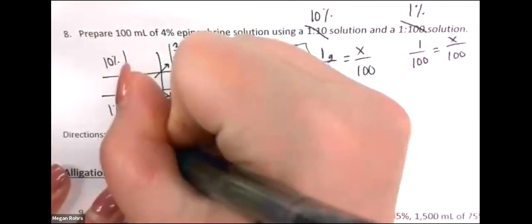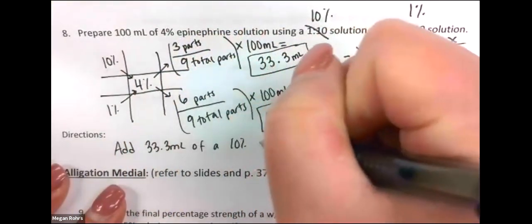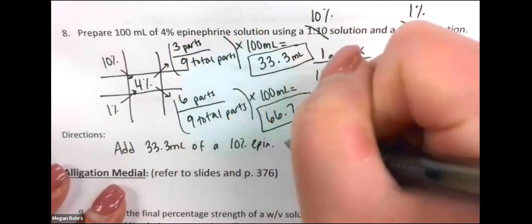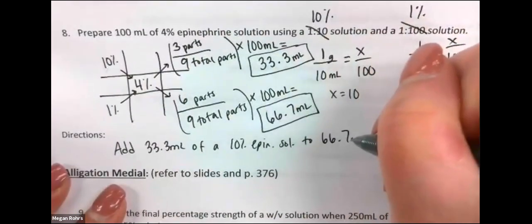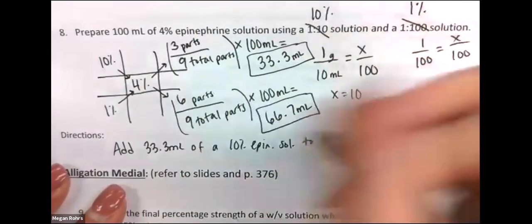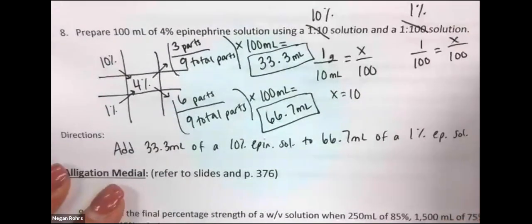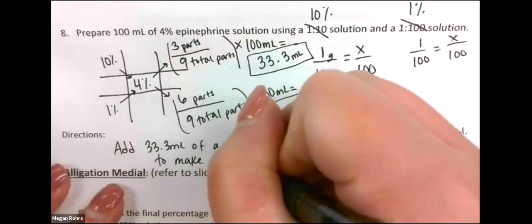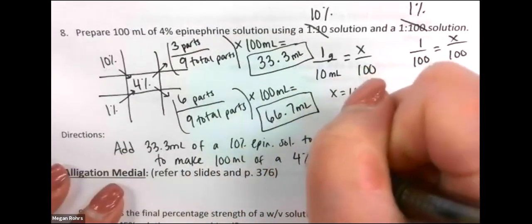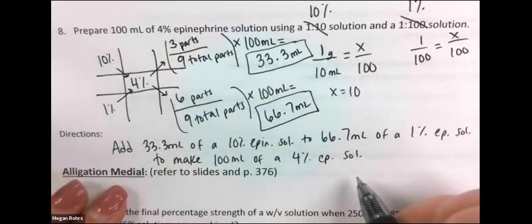So add or combine 33.3 mils of a 10% epinephrine solution to 66.7 mils of a 1% epinephrine solution to make 100 mils of a 4% epinephrine solution.